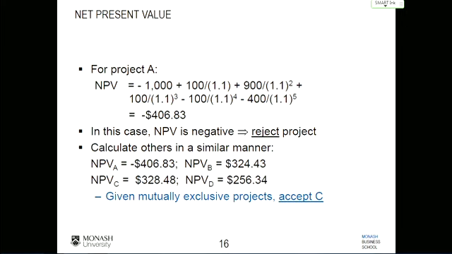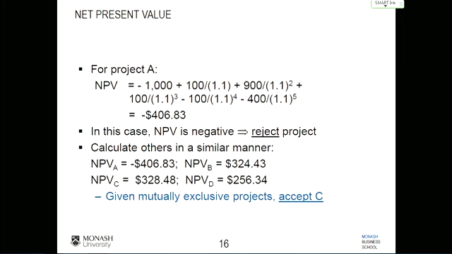If the project can generate exactly 10%, your NPV should be 0. If the project can generate more than 10%, your NPV will be positive. Otherwise, it's going to be negative. Agree? So remember, our discount rate is the required rate of return.